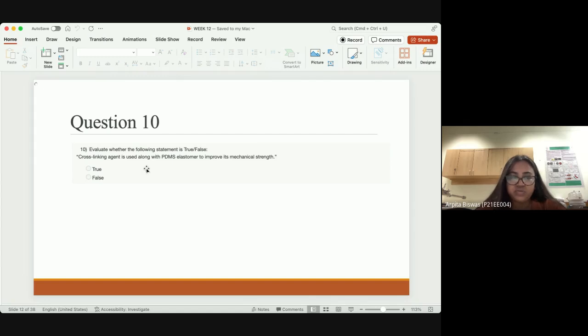So next, move to question number 10. Evaluate whether the following statement is true or false. Cross-linking agent is used along with PDMS elastomer to improve its mechanical strength.